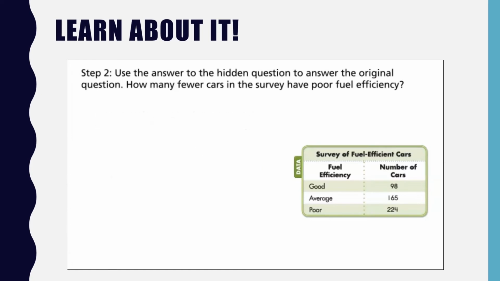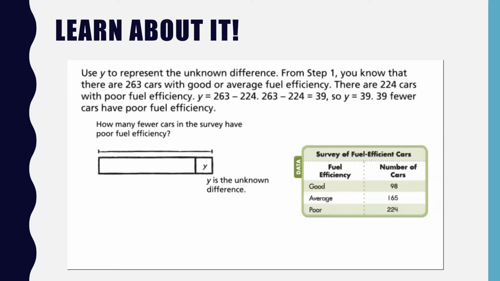Step 2. Use the answer to the hidden question to answer the original question. How many fewer cars in the survey have poor fuel efficiency? Use Y to represent the unknown difference. From Step 1, you know that there are 263 cars with good or average fuel efficiency.